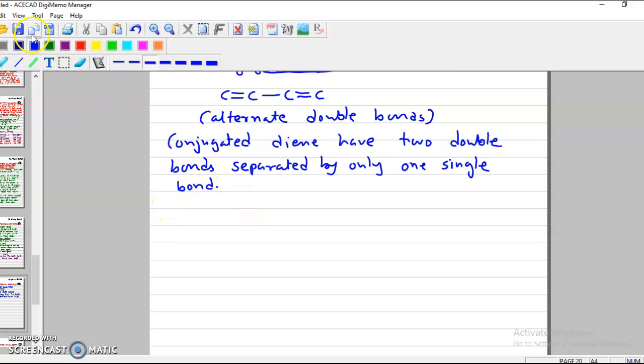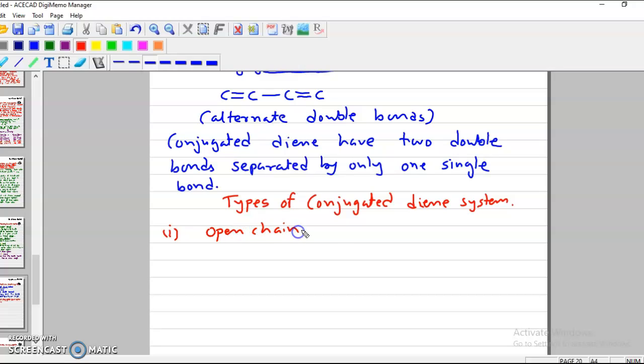Now, types of conjugated diene systems. There are mainly 3 types of conjugated diene system. One is called open chain diene.